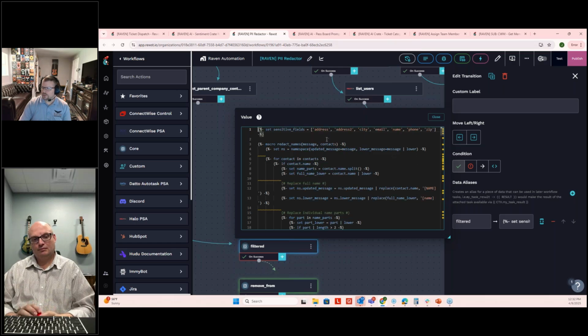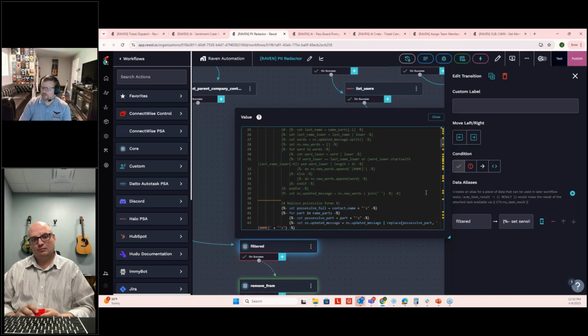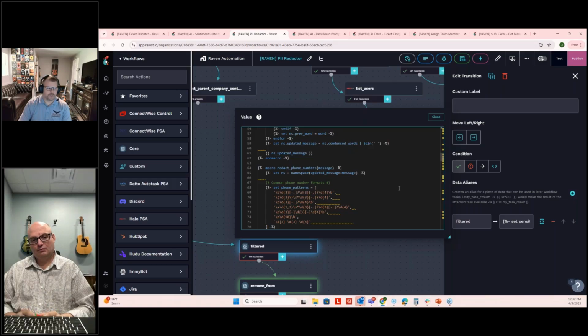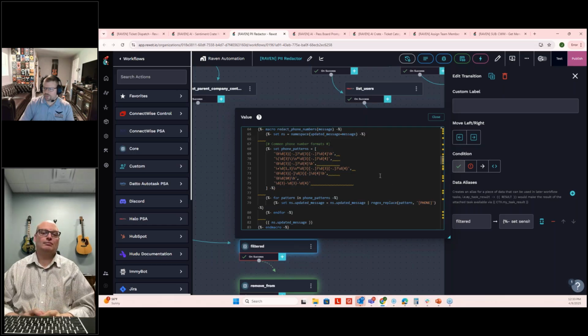So we have this long series of sensitive fields that we pull out, and we replace those sensitive fields with basic filters like name. And you can see there's a good deal of code that's been created in here to pull out any sensitive information using things like regex matching and things of that nature.